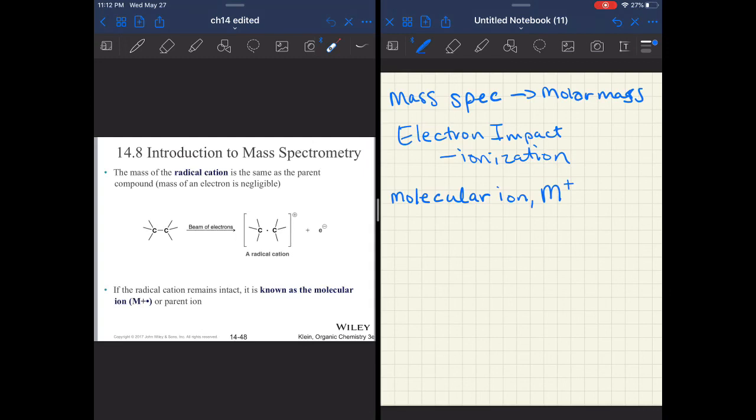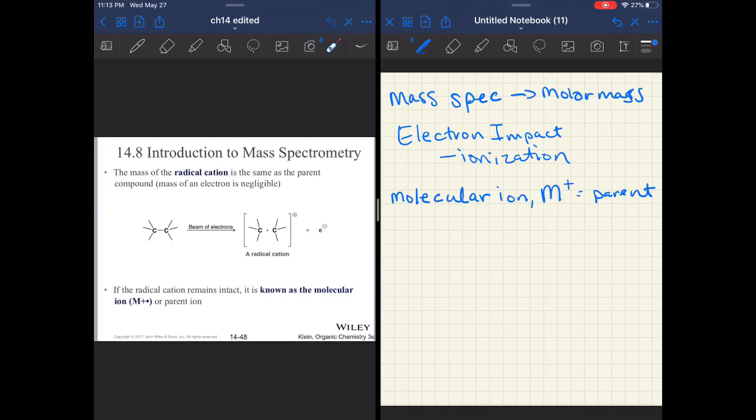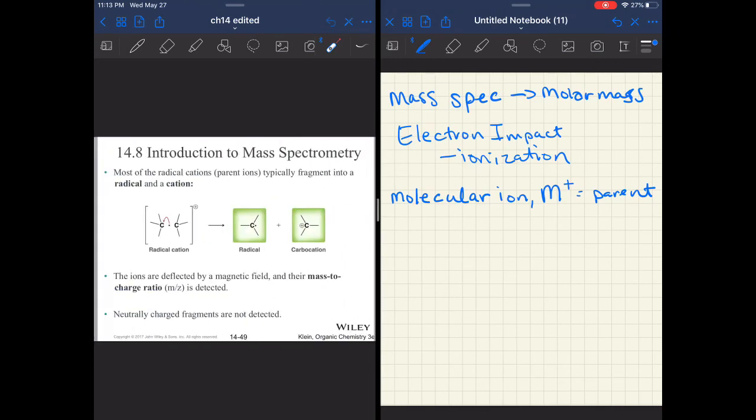That's what tells you the mass of your compound, and it is going to be a parent peak. It has a plus charge because that is needed to make it through the mass spec experiment. But unfortunately, or I guess fortunately, because you can use this information to determine other things about your compound, that radical cation is often not very stable.